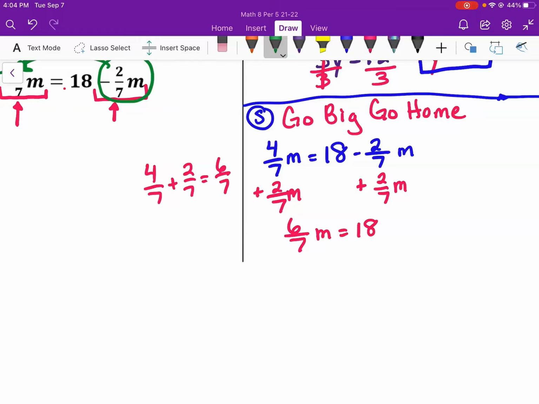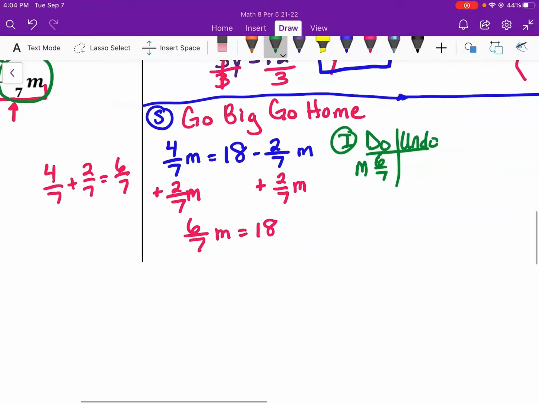My identify, the only thing I've got for my do and undo is that I am multiplying by 6/7, and you should have just had a little alarm bells go off in your brain saying multiply by 6/7 means I've got to multiply by the reciprocal of 7/6.